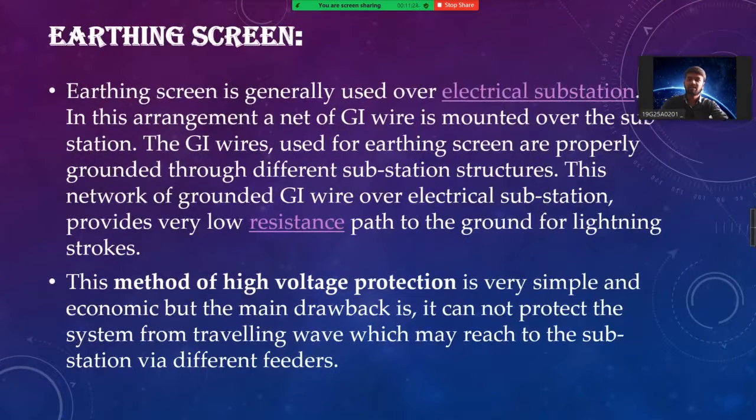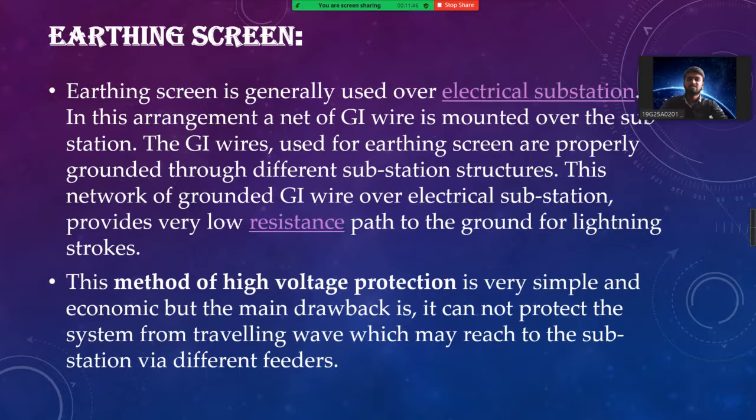First one is earthing screen. In this arrangement, a net of GI wire is mounted over the substation.